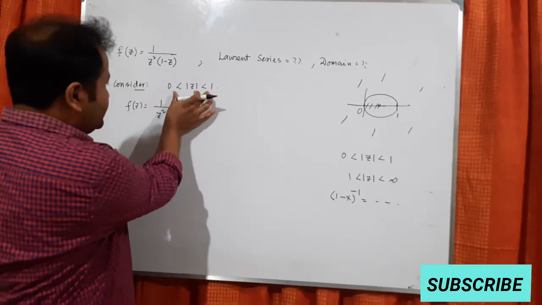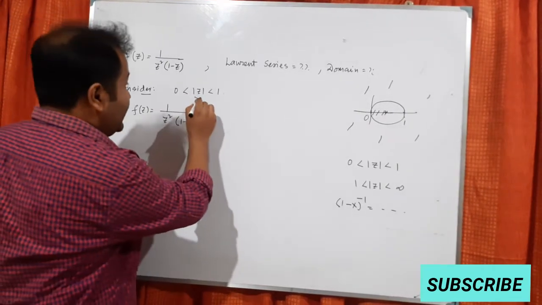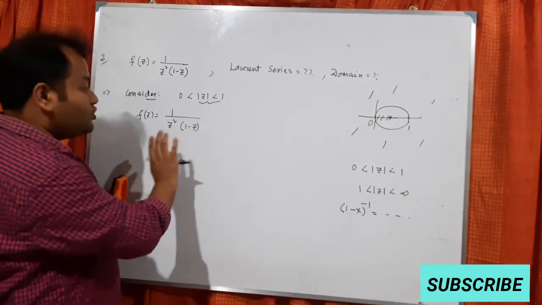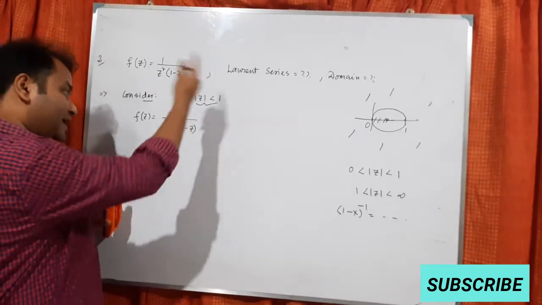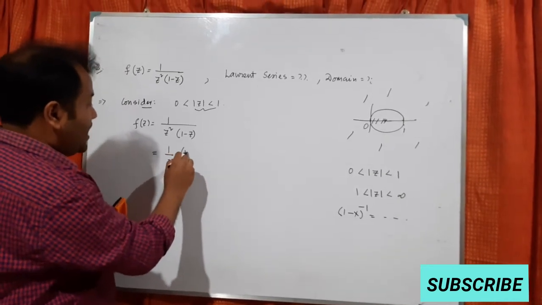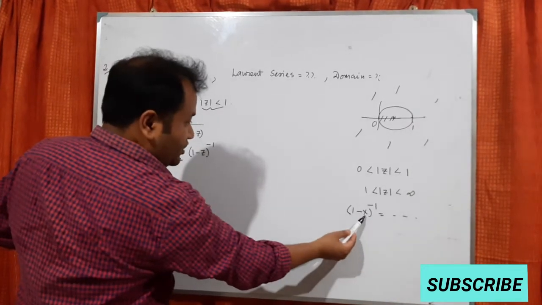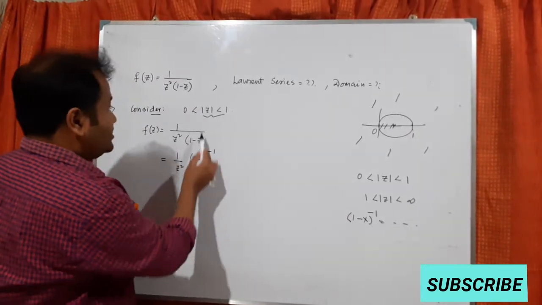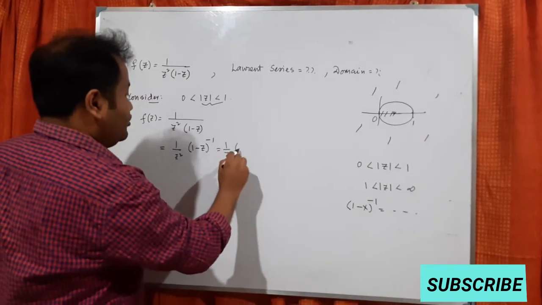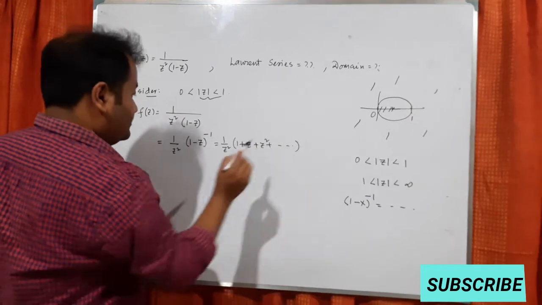Now here you see mod z greater than 0, so there is nothing to show less than 1, but the second inequality, mod z less than 1, applies to 1 minus z, so there is no need to take any common factor; it will be expanded like this. So it should be 1 by z square, then (1 minus z) to the power minus 1, because modulus of z is less than 1. So it will be 1 by z square times (1 plus z plus z square and so on).